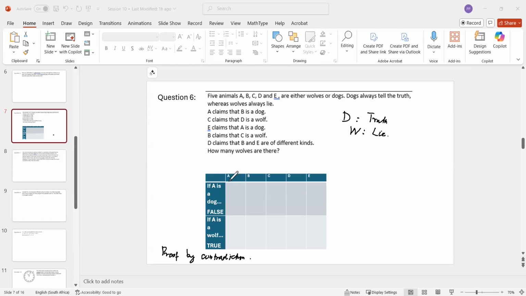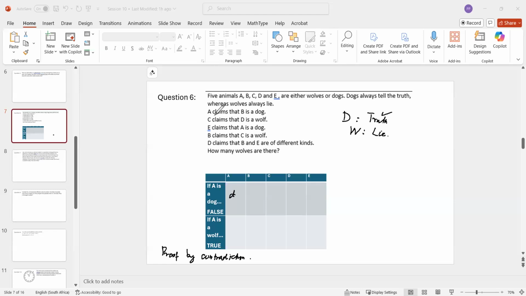All right, now here A is either a dog or a wolf. So you assume something. Suppose I assume that A is a dog. I'll try to see whether I can get to a contradiction. And if I do get a contradiction, then I can conclude that A is a wolf. So let's start with A is a dog. So I can put D here. Now because A is a dog, it speaks the truth.